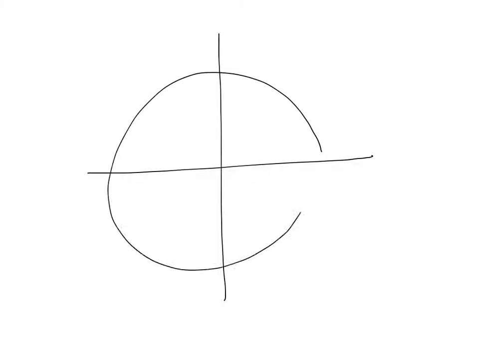Let's say, here's our circle, and here's my 30 degrees. I'm going to draw in some legs, and I'm going to make a special right 30, 60, 90 triangle. Well, 30, 60, 90, that was 2x, x, and x square root 3.